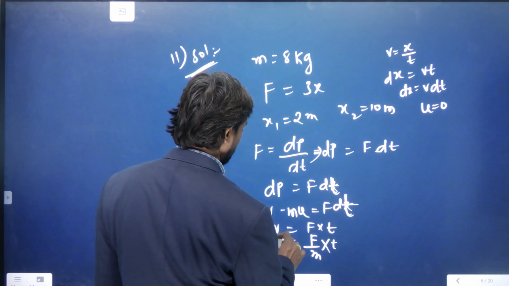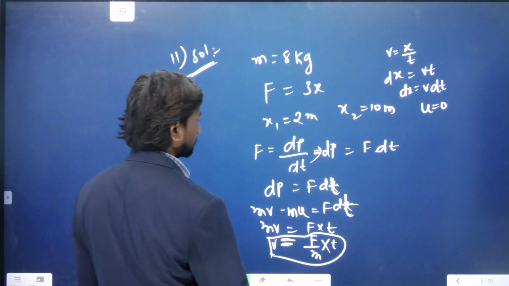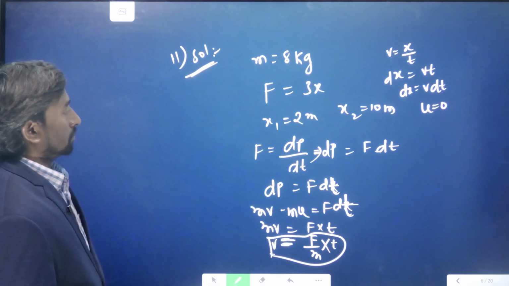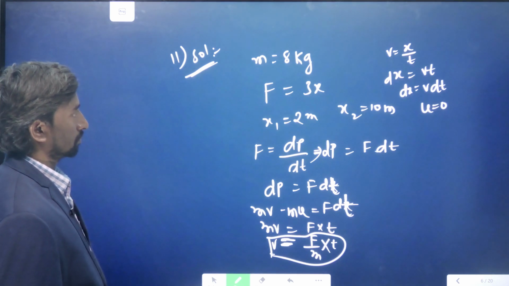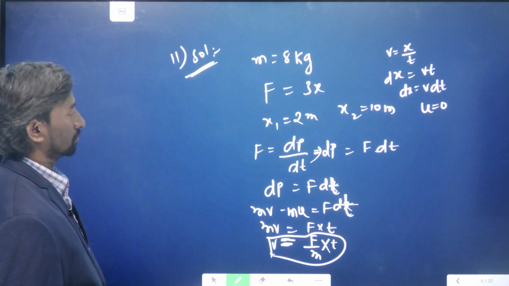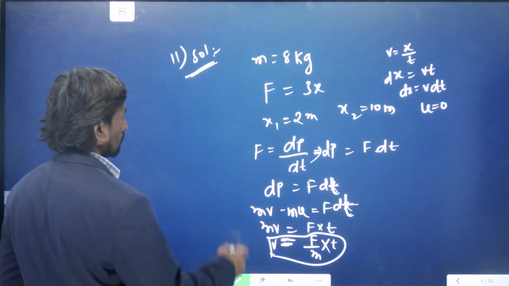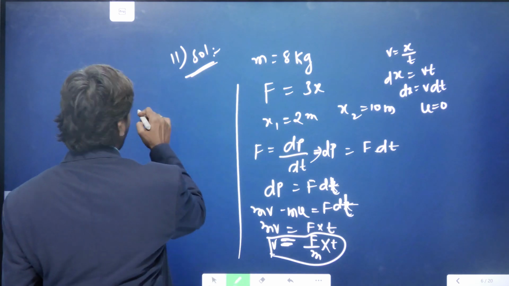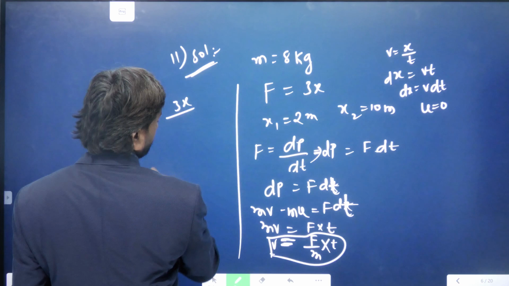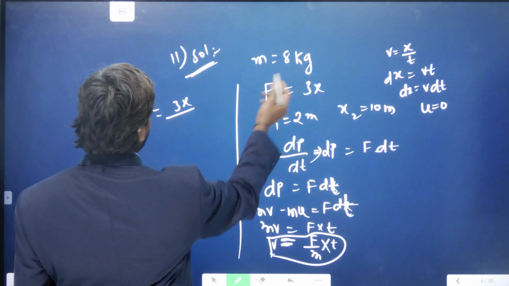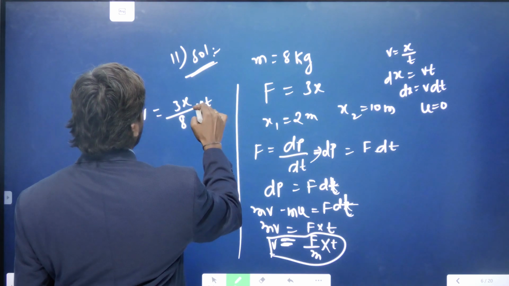So this is the equation we got now. v is equal to F dt over m, so v is equal to 3 into x divided by mass. Mass is given as 8, into time.